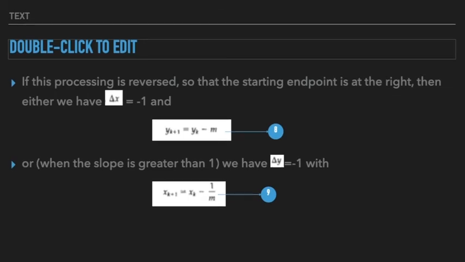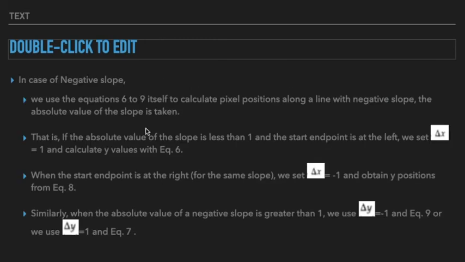That was the case of positive slope. Suppose you have to draw a negative slope. In a negative slope, as the value of x increases, the value of y decreases. So the value of m, that is delta y by delta x, will be a negative value.